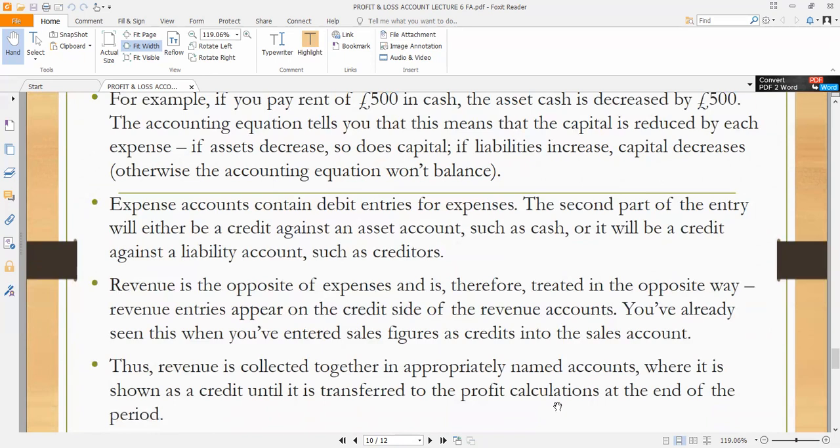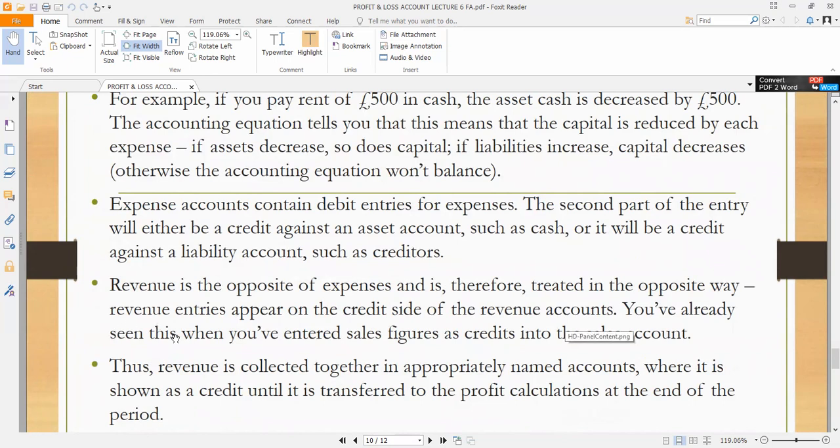Now revenue, like we indicated in the preamble, is the opposite of the expense, and is therefore treated in the opposite way. Revenue entries appear on the credit side of the revenue account.